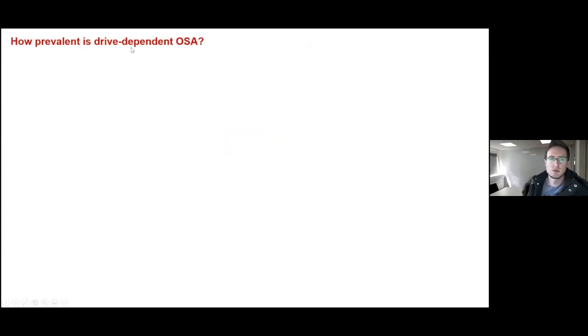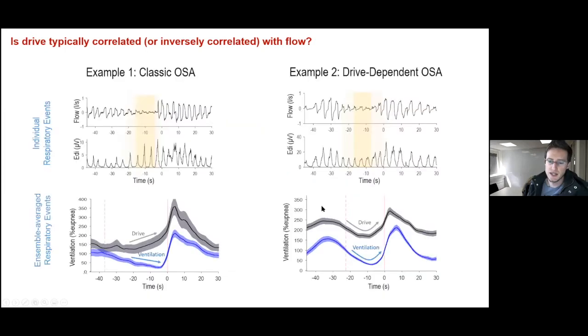So then we asked how prevalent is drive-dependent OSA. So we went back to these people and scored them visually with the information we had, and said, if flow continues to fall despite drive rising, that is that there's a clear departure of drive away from flow, the nadir drive, if you like, is earlier than the flow increase, then this patient would get classic.